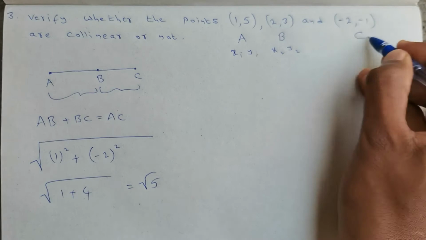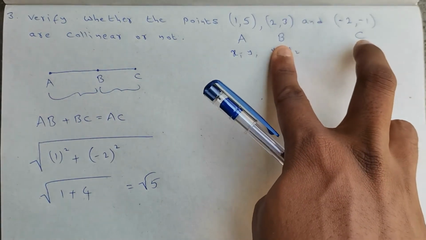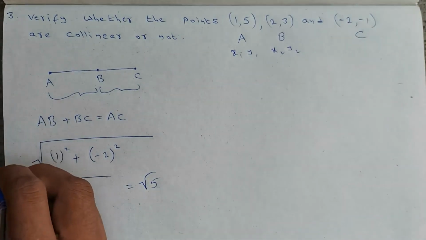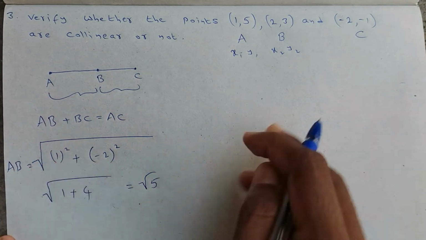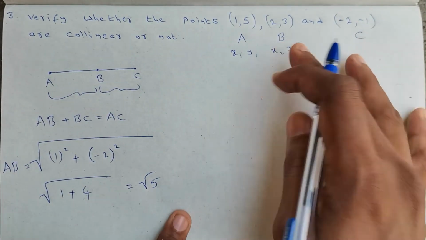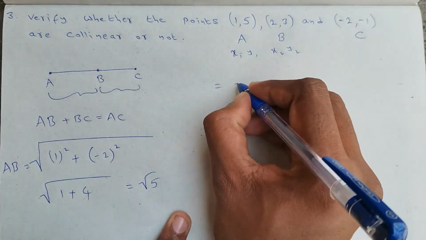Next, this I am taking as C. So now I am going to find the distance between these BC points. Here I will write AB, and this I am going to find BC. So again same under root.